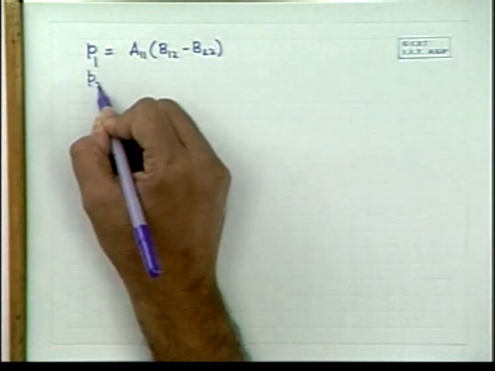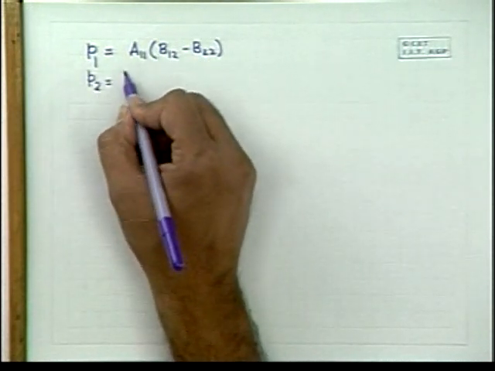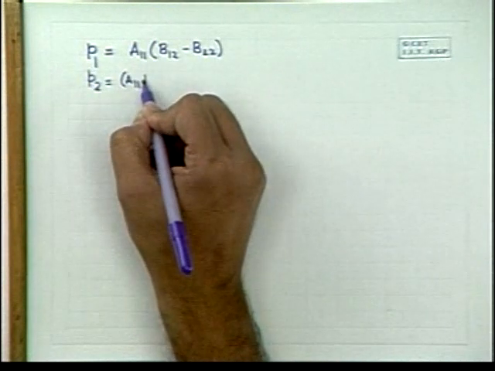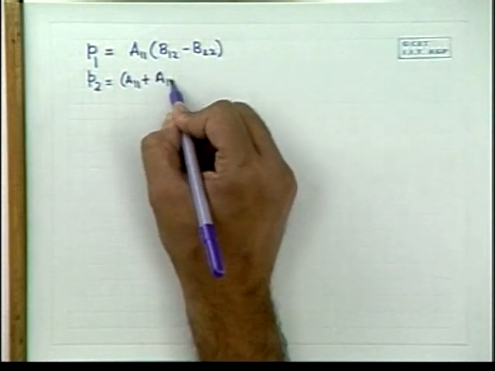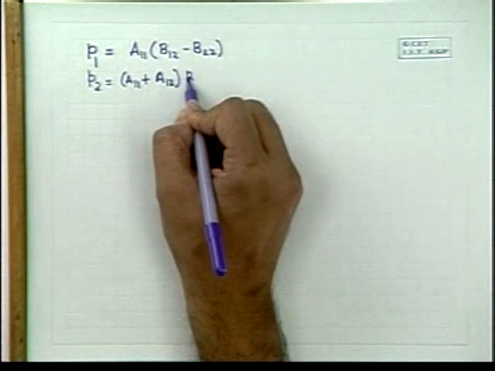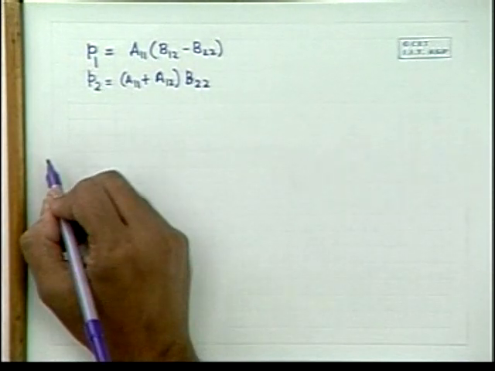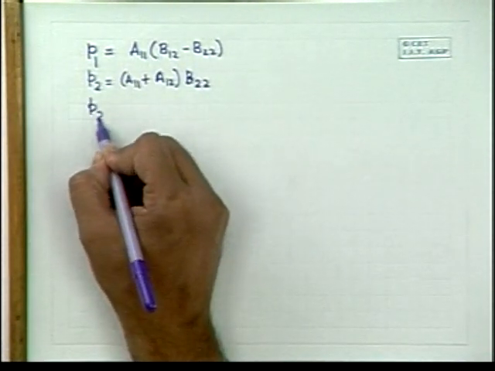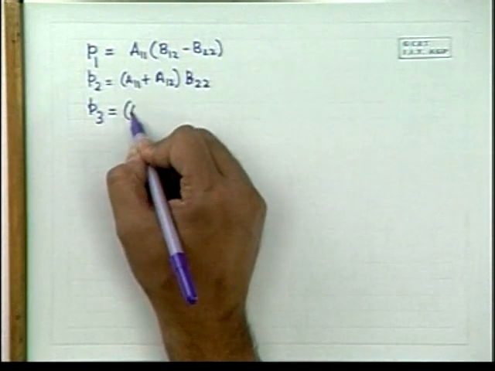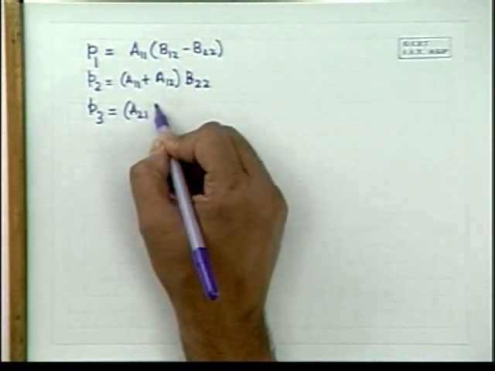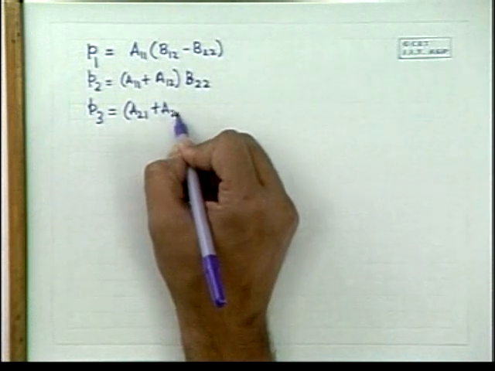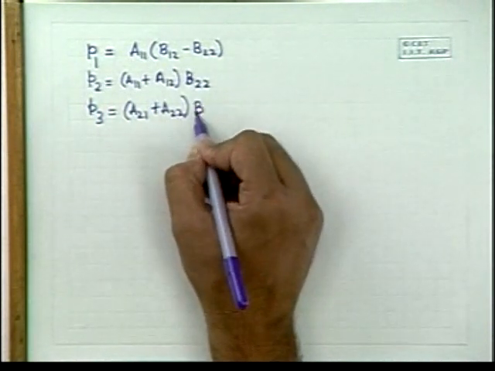Then P2 is (A11 plus A12) times B22. P3 is equal to (A21 plus A22) times B11.